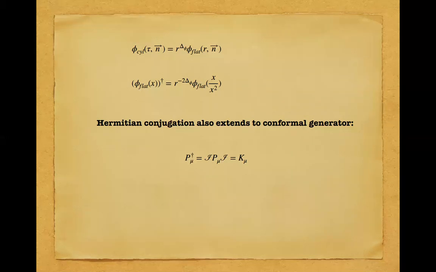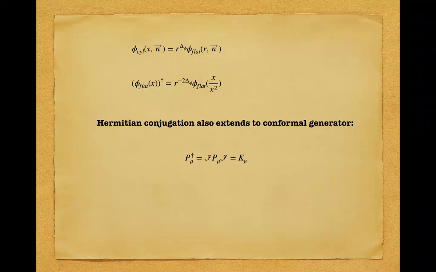So infinity doesn't change, but the point at the origin gets translated. But K mu, this special conformal transformation, actually generates translation for the point at infinity, and it keeps the origin fixed.